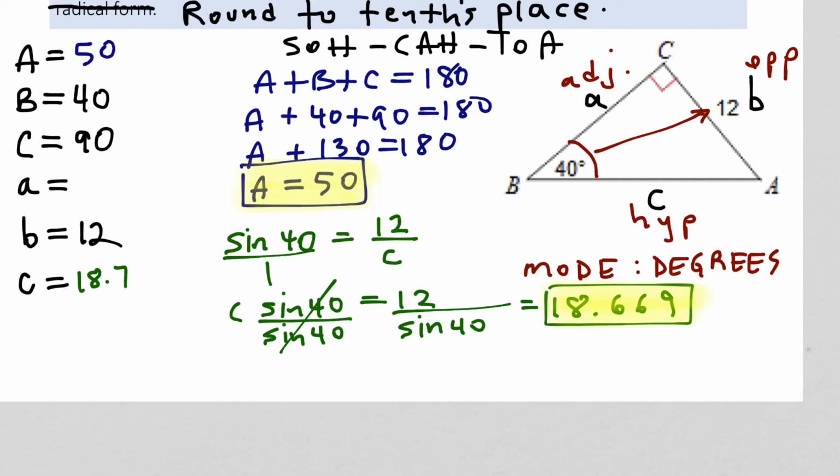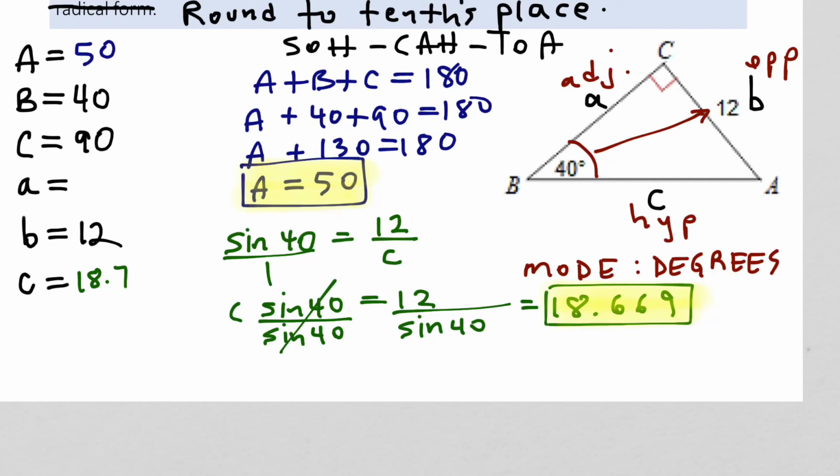But what I want to caution you about is if you choose to use Pythagorean theorem, that you use the unrounded number in your calculation, and then once you get to your final result, then you round to the tenths place. So you don't want to have accumulated rounding error in your problem.